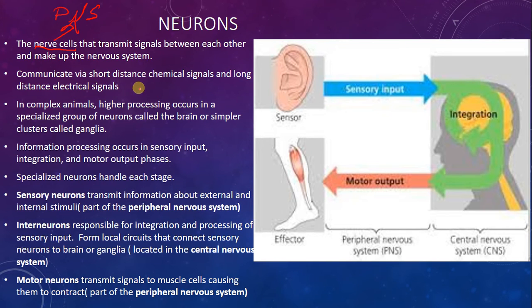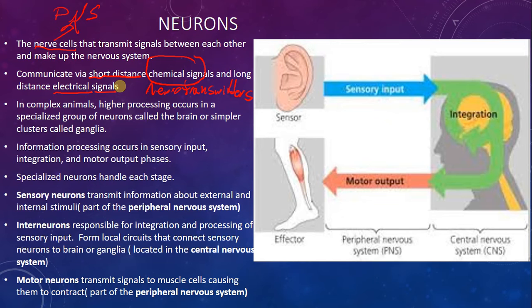And they communicate via short distances, so between each other, with chemical signals. These are neurotransmitters. And over long distances, this communication kind of takes on the shape of an electrical signal for our membrane potentials.